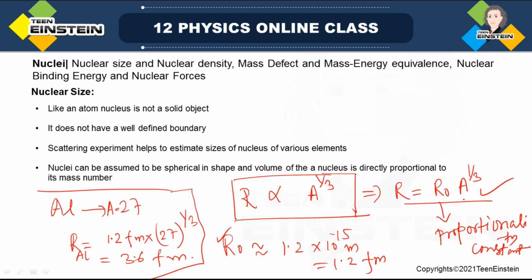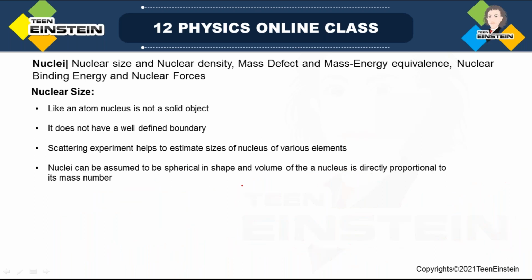We have seen nuclear radius R is equal to R0 into the cube root of mass number. Let me write it here: R is equal to R0 A to the power 1 by 3. Here A is the mass number of a particular nucleus. What is mass number? Mass number means number of protons plus number of neutrons.